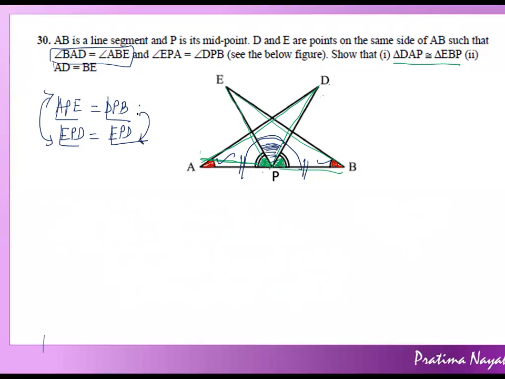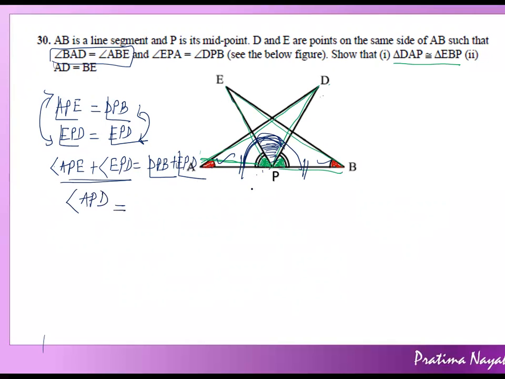So angle APE plus angle EPD is equal to angle DPB plus EPD. Now, APE and EPD give me angle APD.